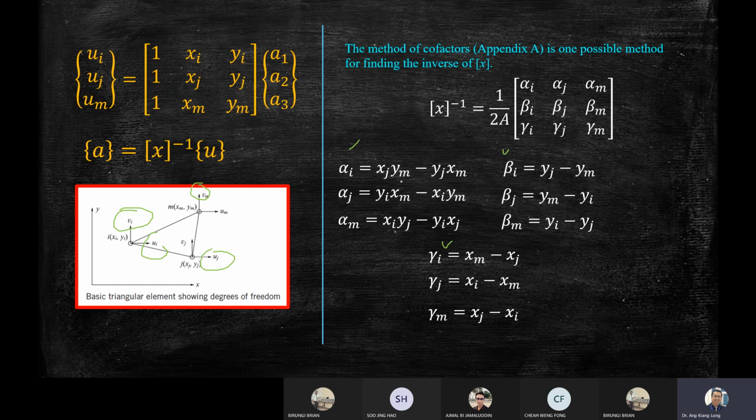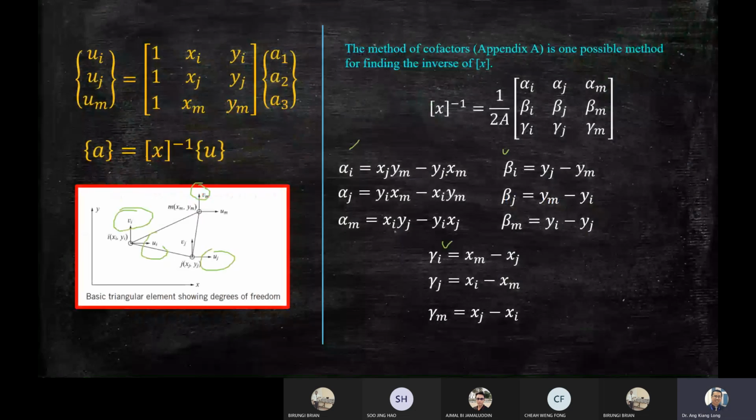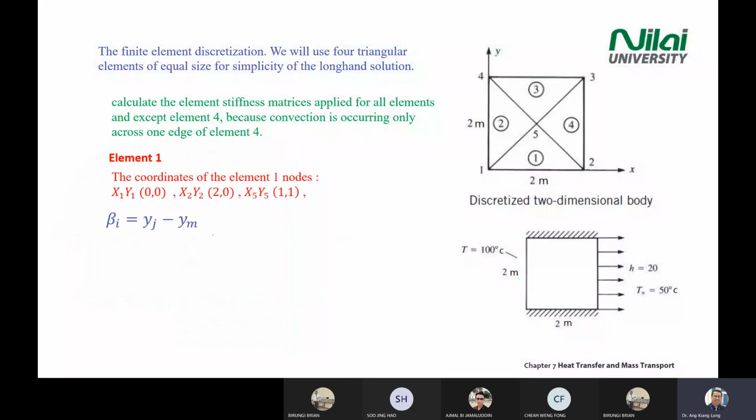So XJ, YM means X location at J point, YM means Y location at M point. So you just follow this formula, substitute the values inside here, and you get the alpha, beta, gamma values. So by referring to these slides, this 9 equation, you can find what is the beta, what is the gamma value.